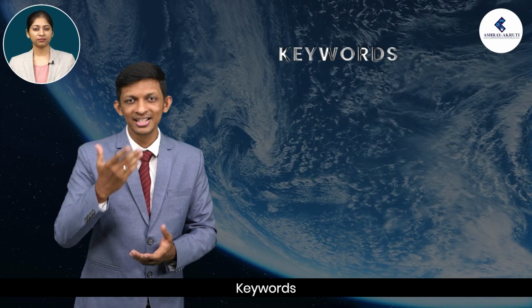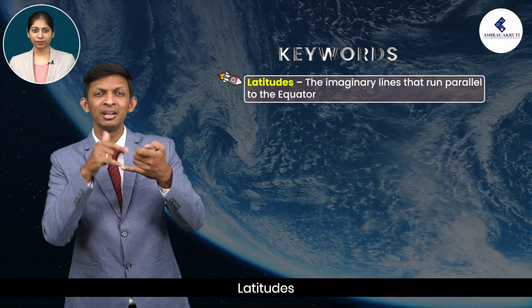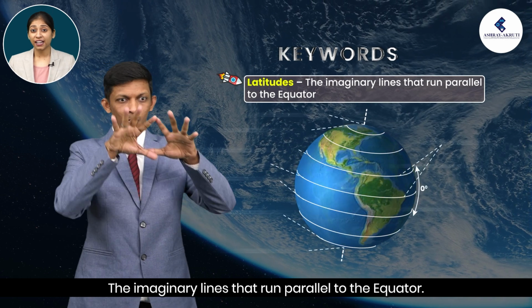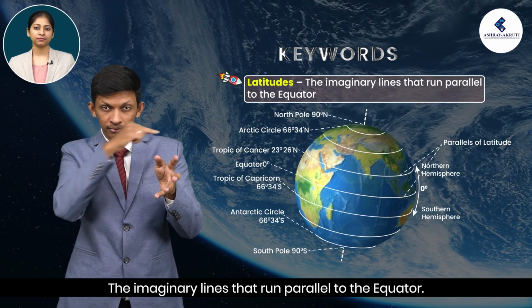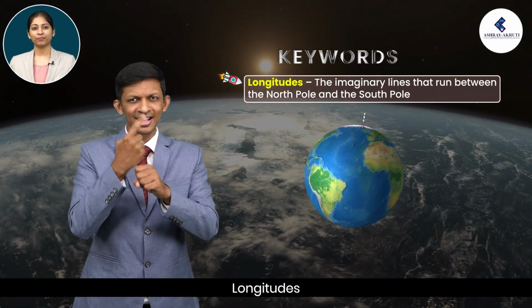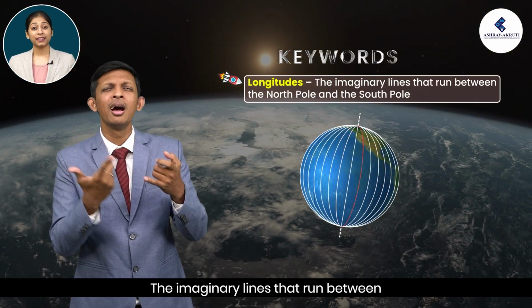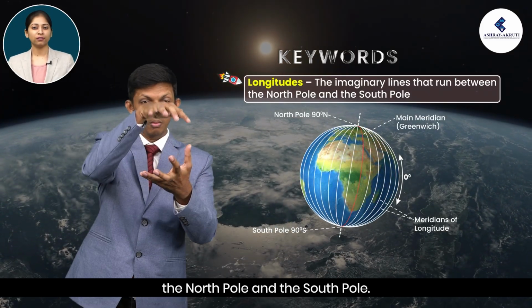Keywords: Latitudes, the imaginary lines that run parallel to the equator. Longitudes, the imaginary lines that run between the North Pole and the South Pole.